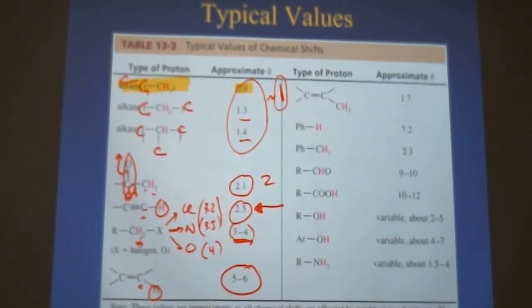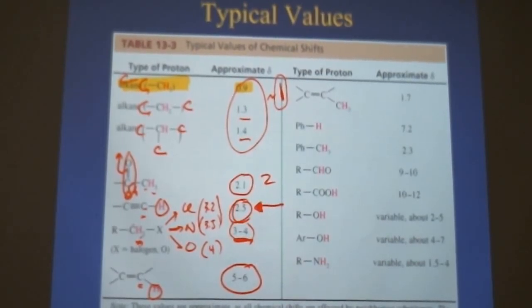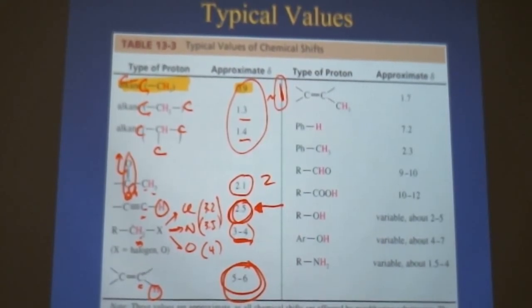A hydrogen attached to an sp carbon at about 2.5. Attached directly to an sp2 carbon, between 5 and 6. That's a hydrogen attached to an sp2 carbon. But if you're a hydrogen attached to an sp3 carbon, which is attached to an sp2 carbon, now we're coming at a more alkane environment, a little bit more because this is an sp2.